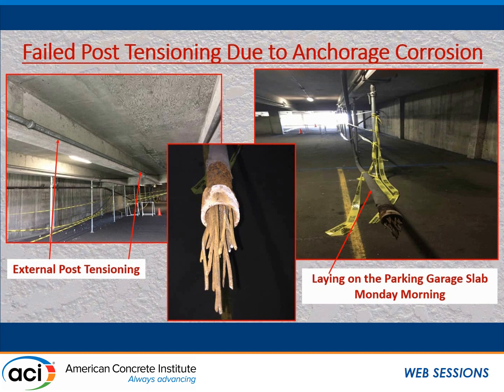What had happened is, on the far right photo, you can see the strand popping out. That was the stressing end. After some period of time, that area was backfilled and the grade was elevated, so this anchorage was covered and probably never protected. In addition, you can see in the center photo that if there was grout in there, it must have evaporated.